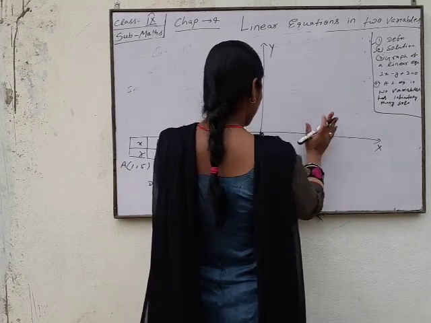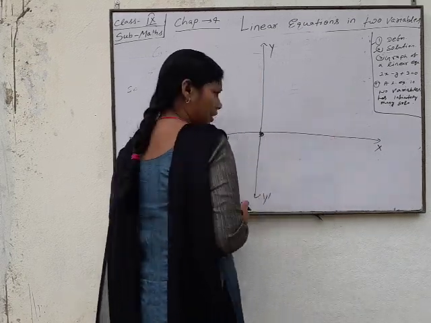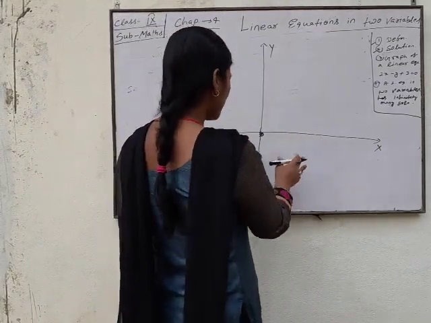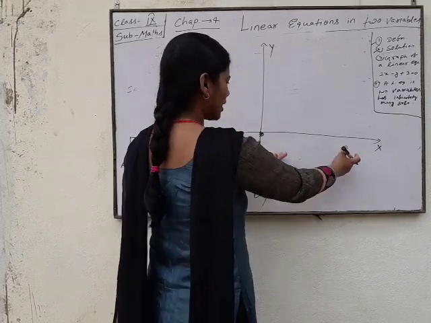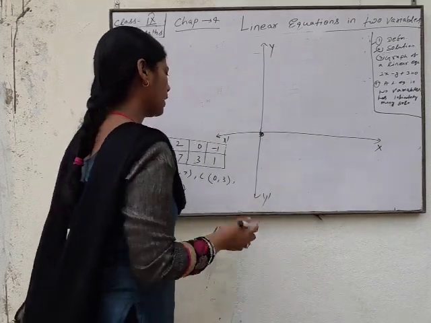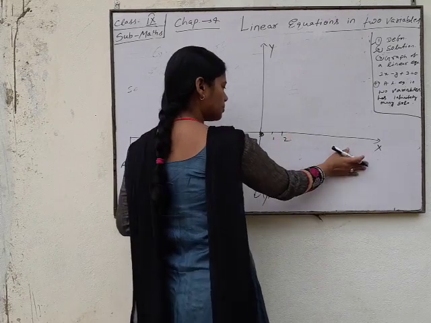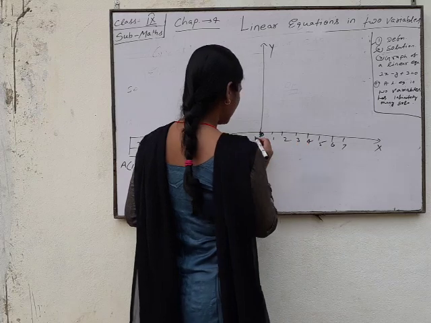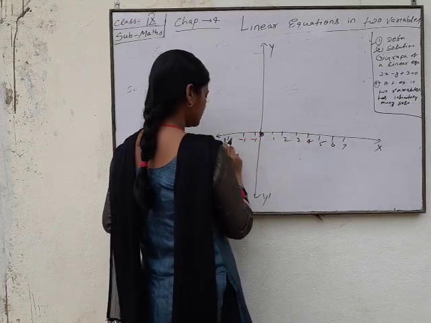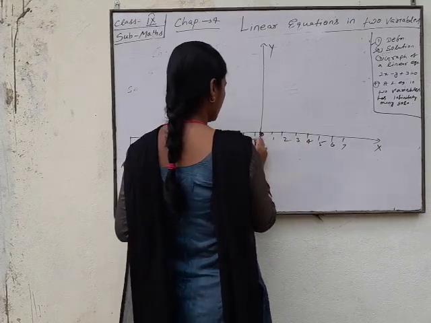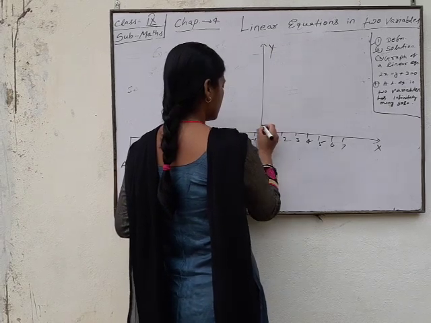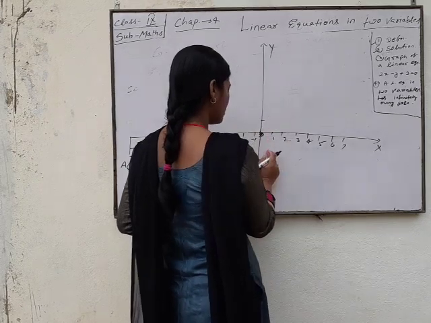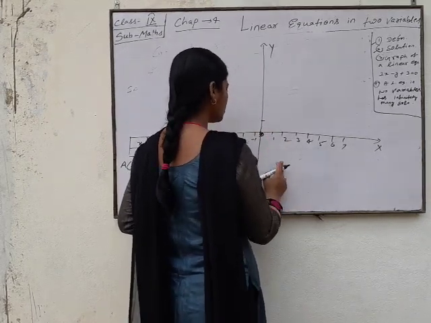This is your Cartesian plane. In the next chapter, we will discuss the Cartesian plane. Now, you draw both axes, x-axis and y-axis. This is your positive side, and this is your negative side. And this is the positive side of y, and below is the negative side of y.